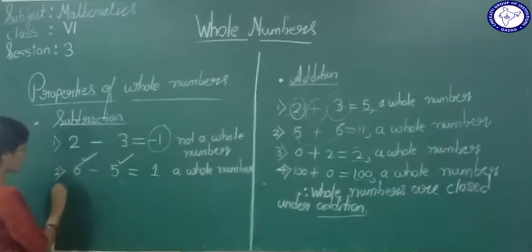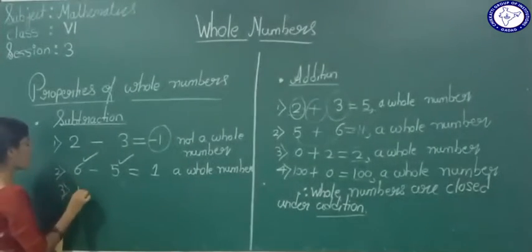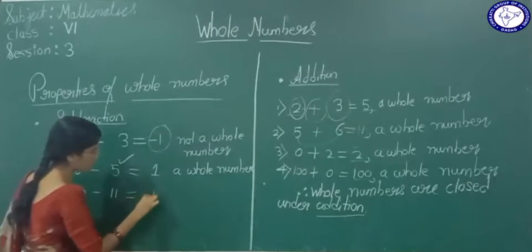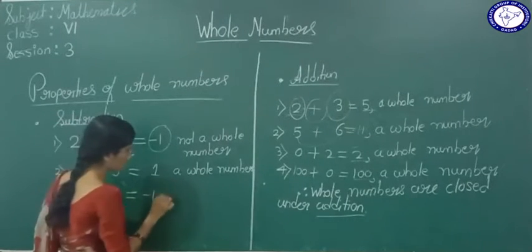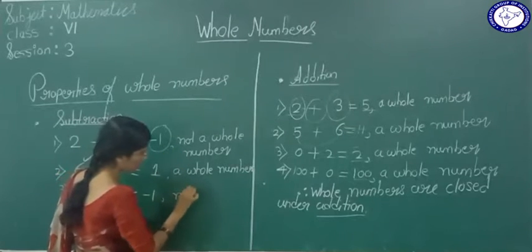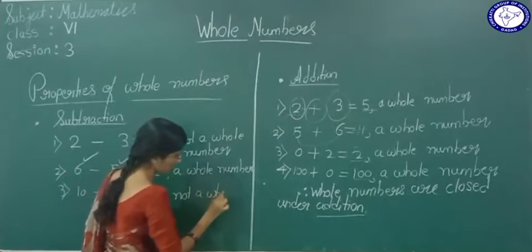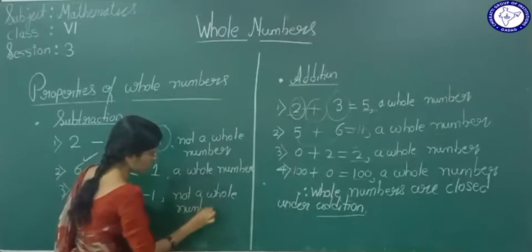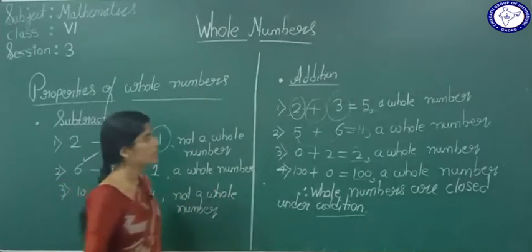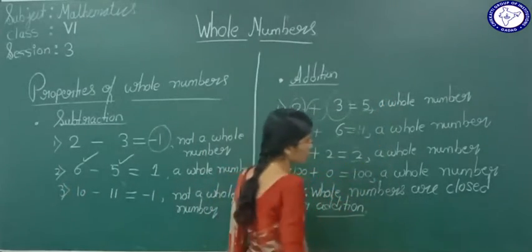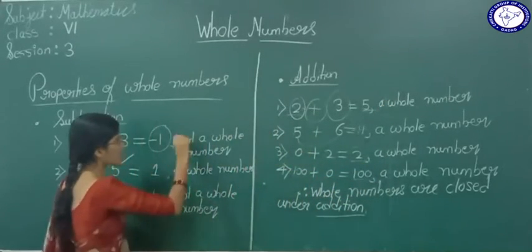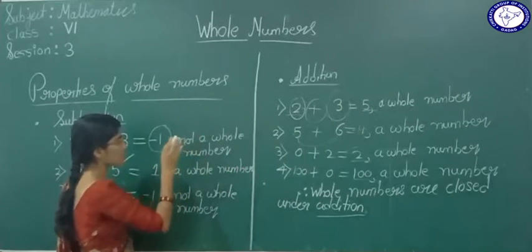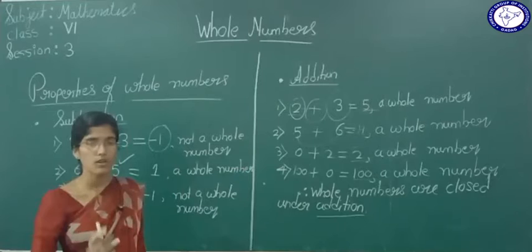Okay, now see. 10 minus 11 is minus 1. Is minus 1 a whole number? No, not a whole number. See here, for some examples it is coming a whole number, but for some answers it is not a whole number.